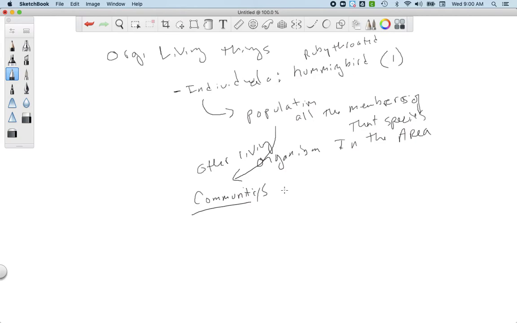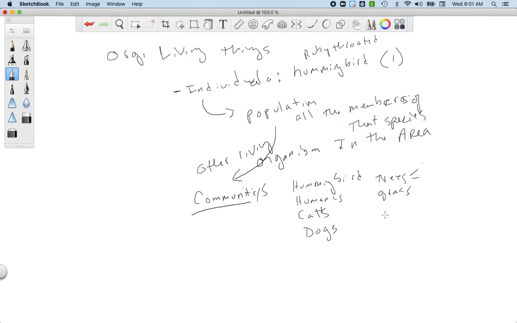So that hummingbird, if we just look in my backyard, is living in a community that contains humans, cats, dogs, trees, grass. And the trees we could break down into individual kinds of trees.